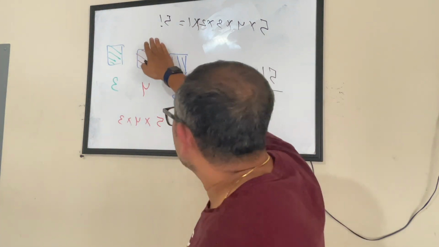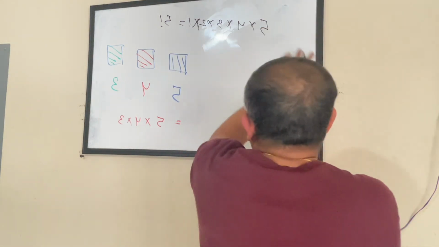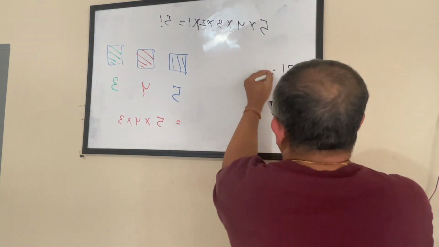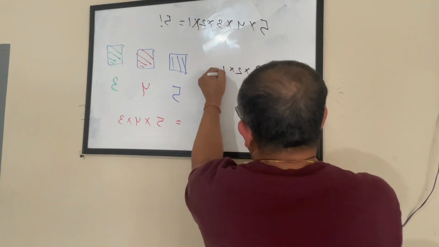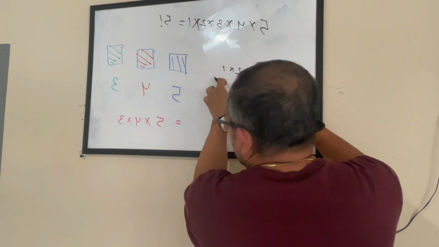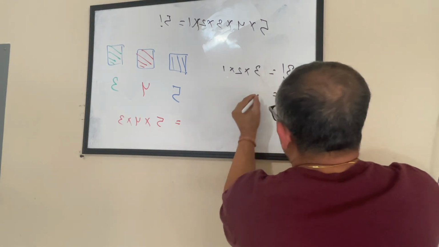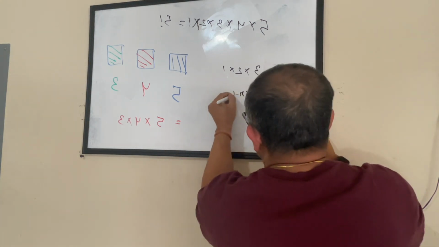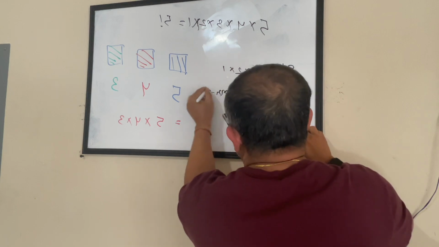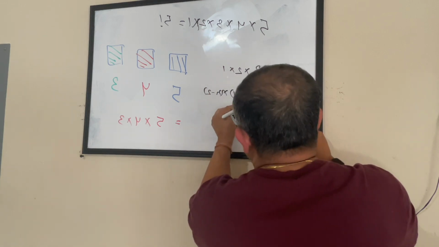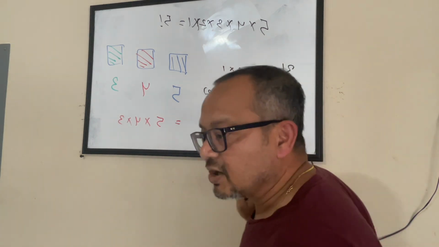That's called factorial 5. If you have, let's say, factorial 3, this means 3 times 2 times 1. So you start with that number and keep decrementing by 1. So if you have factorial n, that means n multiplied by n minus 1 multiplied by n minus 2. You keep going on till you come to 2 multiplied by 1.